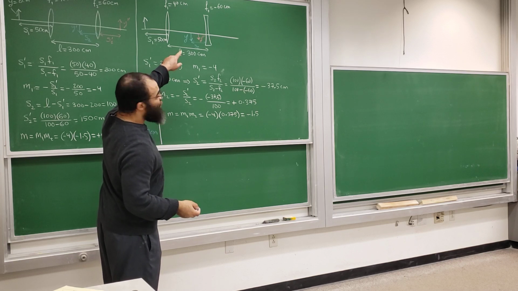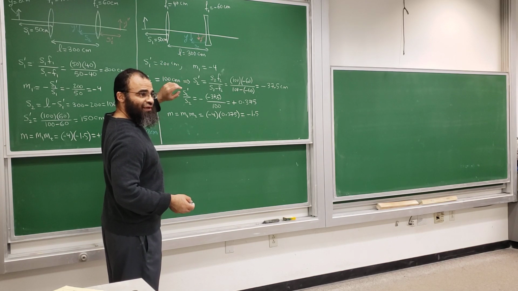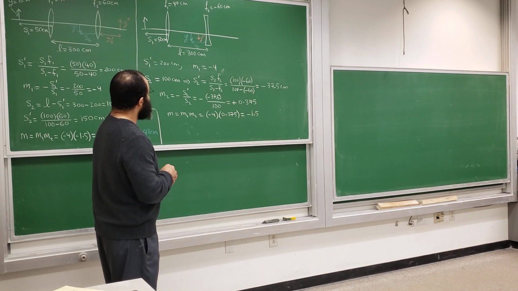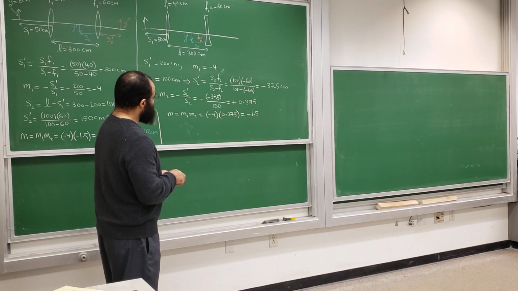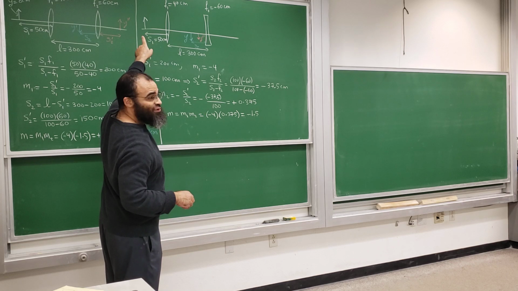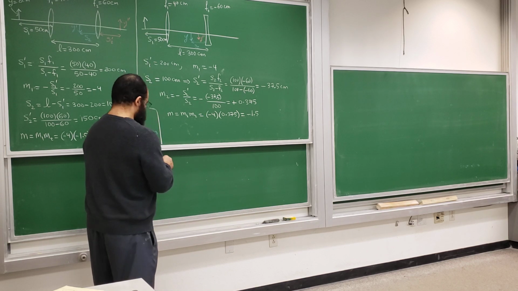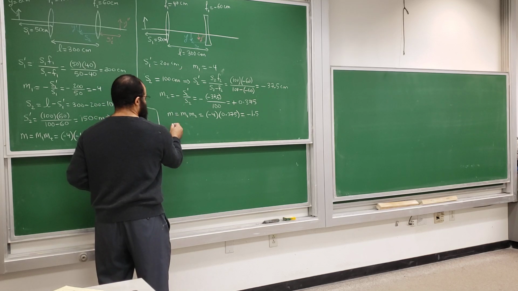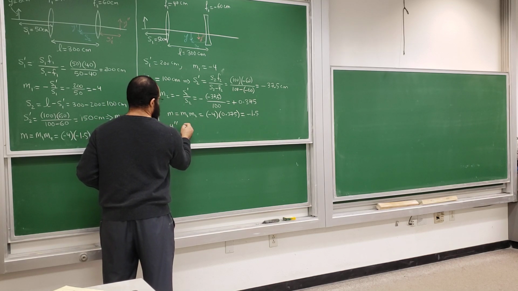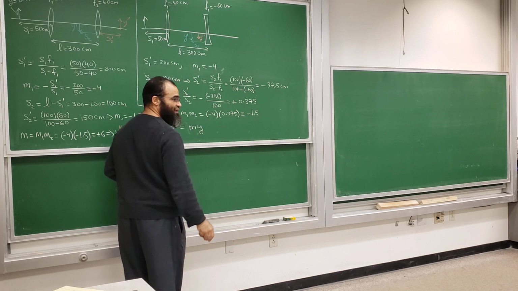Again, those arrows are not up to size. The size is not true. So overall, the image is still going to be inverted compared to the object, and the image will be virtual. So what's the size of that image? If we really want to, we can say y double prime is just the total magnification times the original size.